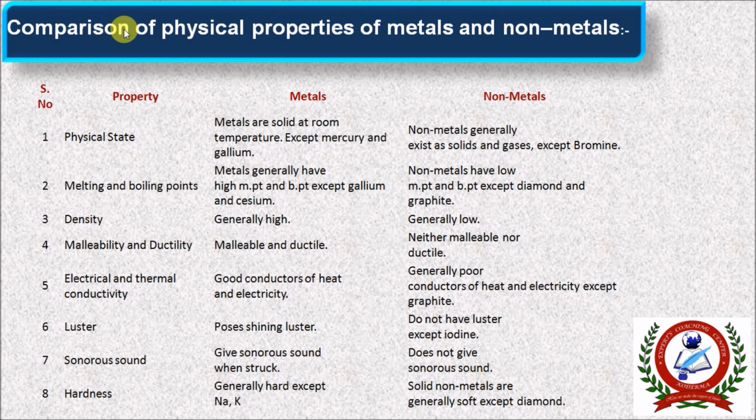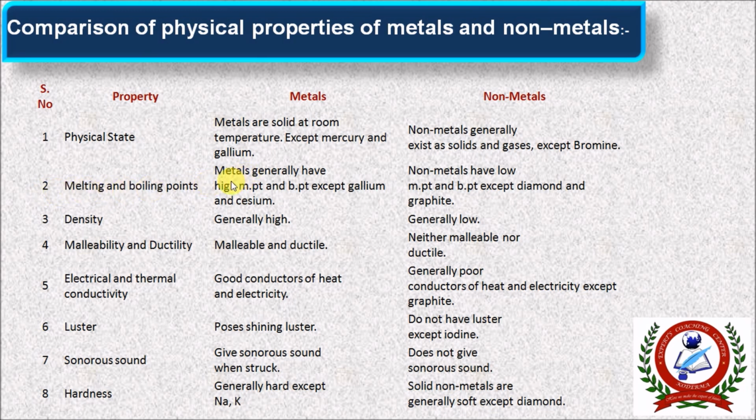Now we have here a summary comparison of physical properties of metals and nonmetals. Physical state: metals are solid at room temperature except mercury and gallium. On the contrary, nonmetals are generally solid or gases. We have exceptions also, like bromine is a liquid.